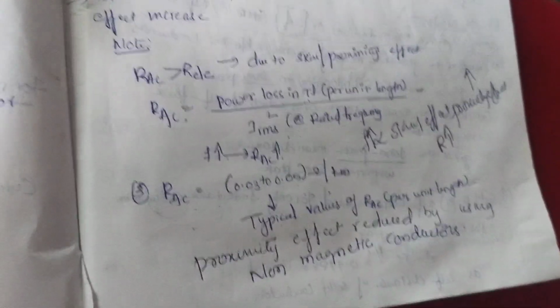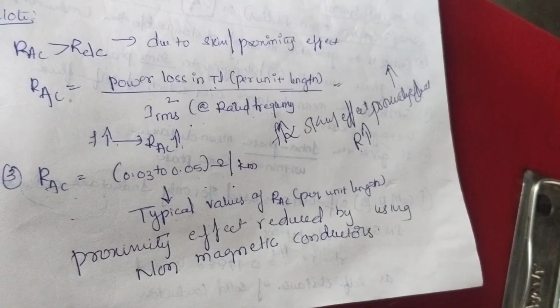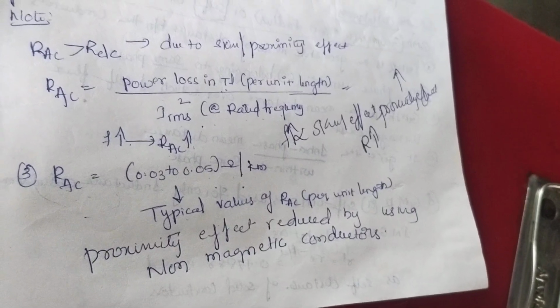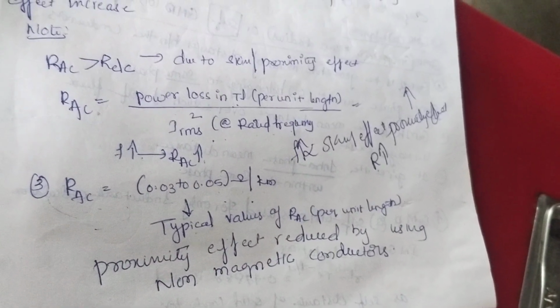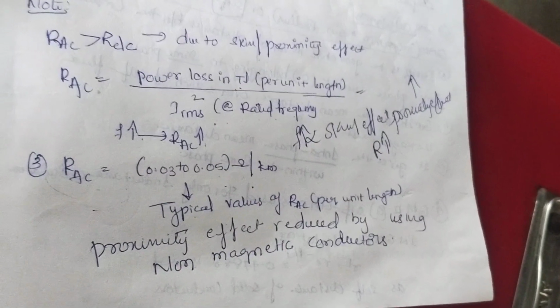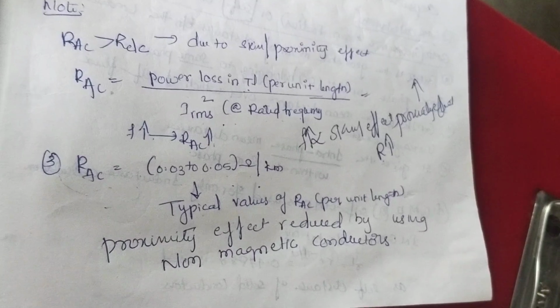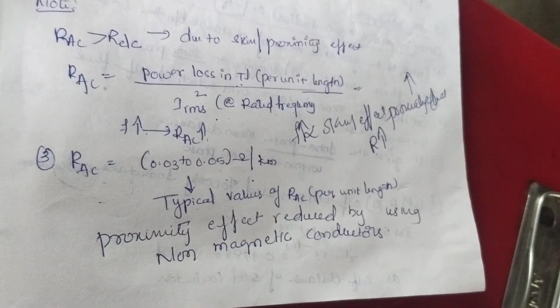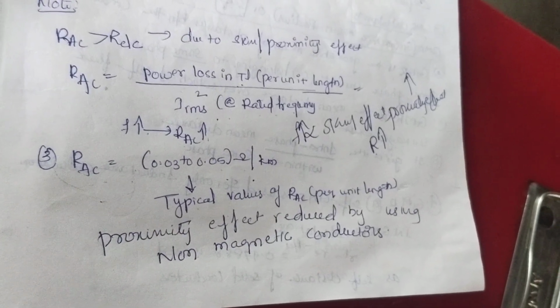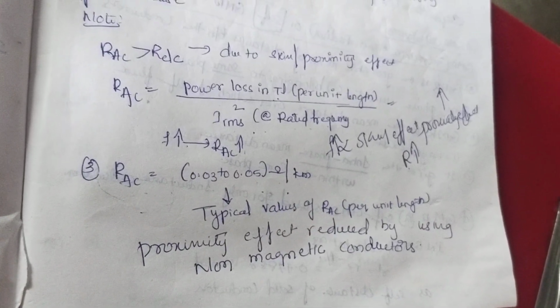Skin effect is reduced by non-magnetic conductors and stranded conductors. Here proximity effect is reduced only by using non-magnetic conductors, because proximity effect occurs in stranded conductors. So we cannot use stranded conductors here. We can use only non-magnetic conductors to reduce the effect of proximity.